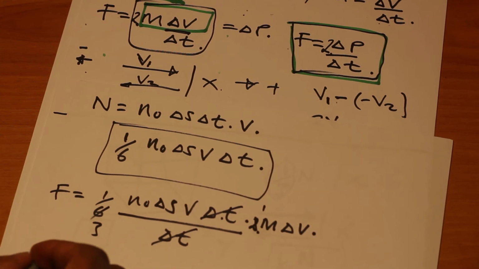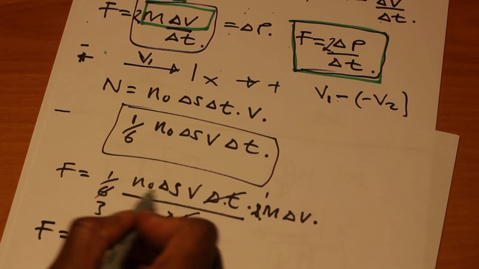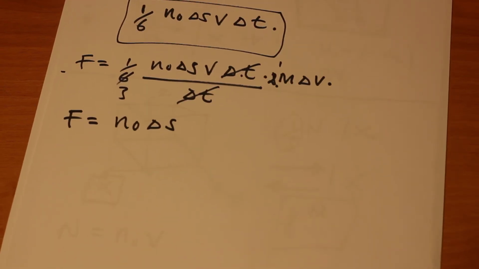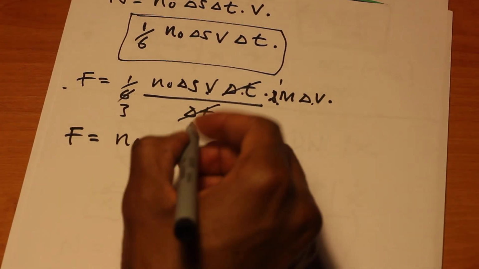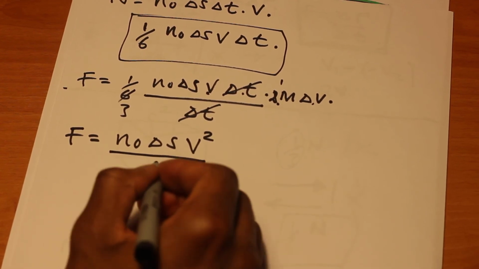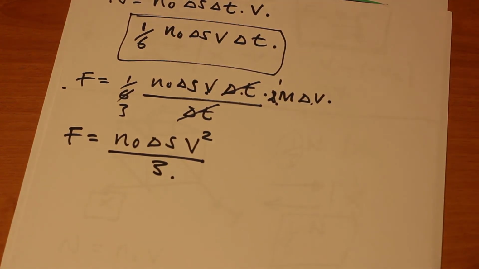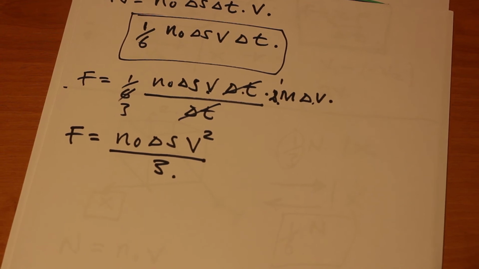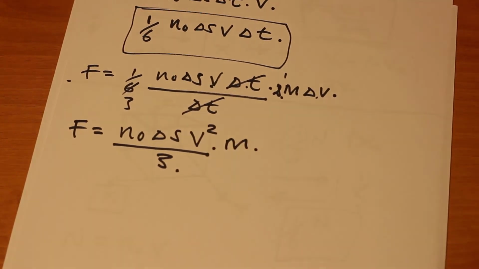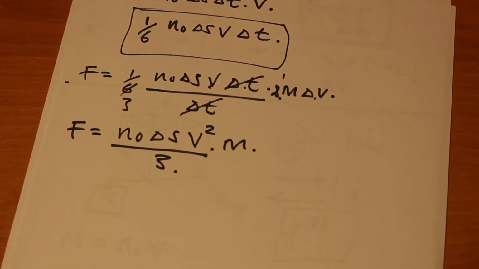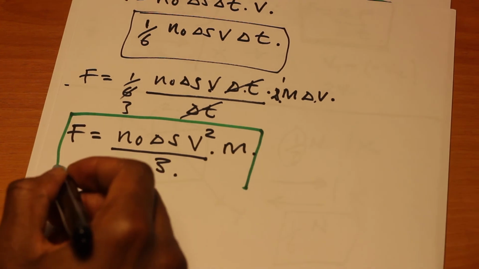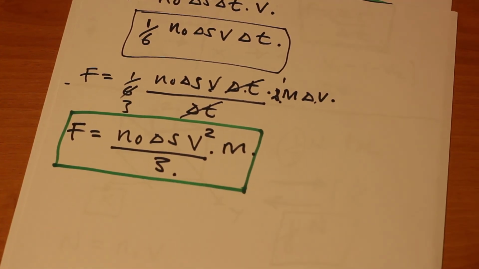Therefore, the force becomes equal to the number of moles times change in area, velocity times velocity becomes v squared over 3. Sorry, we have forgotten the mass here. This is the force that is possessed by this molecule that is moving only in one direction of the x-axis.